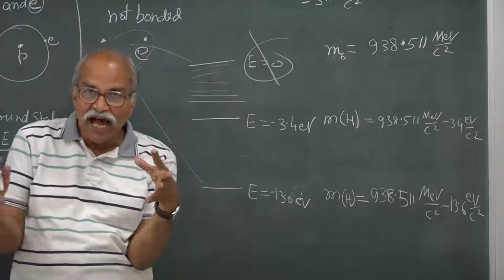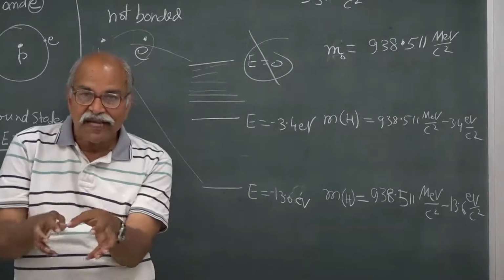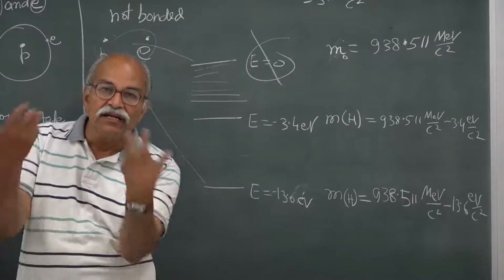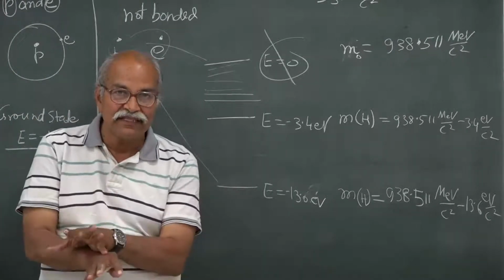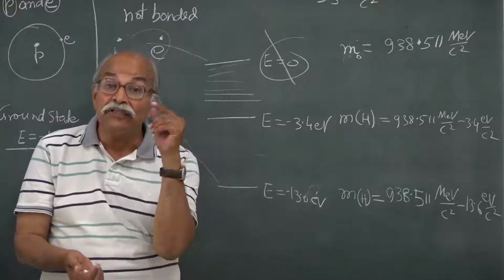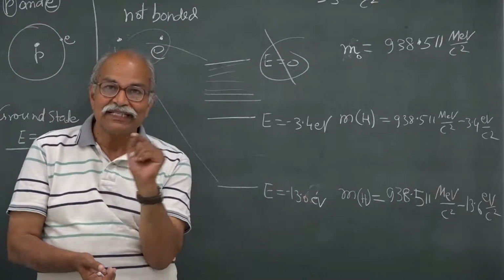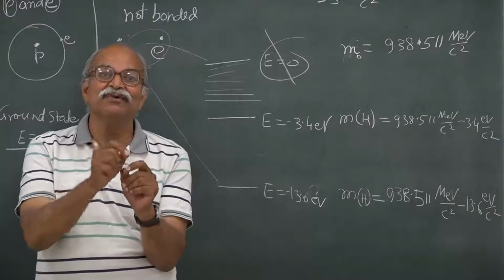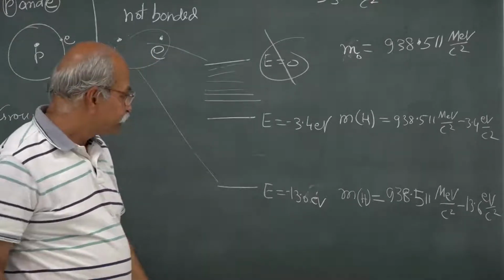So, if you have a composite particle which is made of subparts, and these subparts can move internally and interact with each other, then the rest mass of that composite particle will not be equal to the sum of the rest masses of the constituent particles. I take another example.